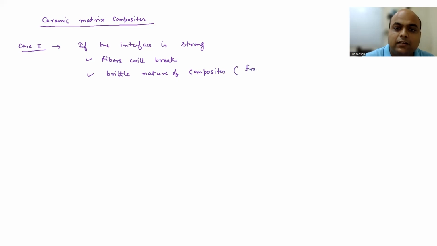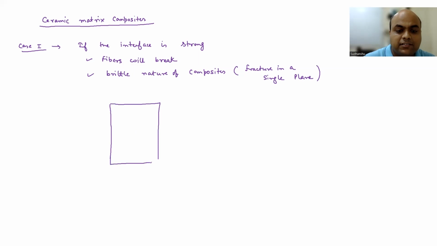So fracture in a single plane, right? So if you have a composite and the interface is strong, so let's say you have a fiber. So these are your fibers. Let's say two fibers here.